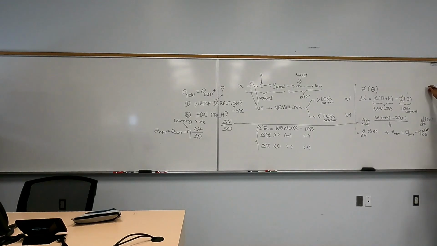And that gives you a list of those values. And this thing is the gradient of your loss function. So gradient simply means the derivative of the same loss with respect to every single possible parameter.